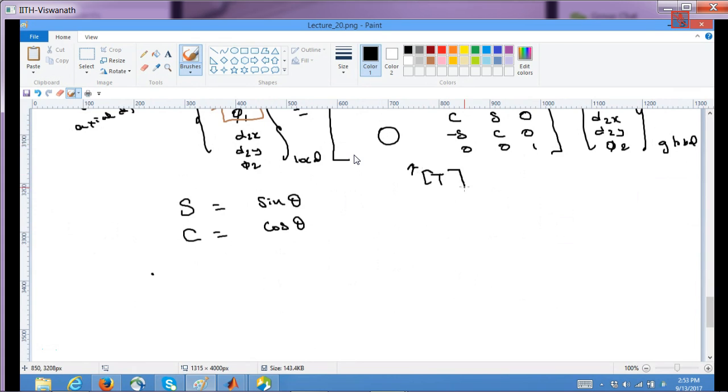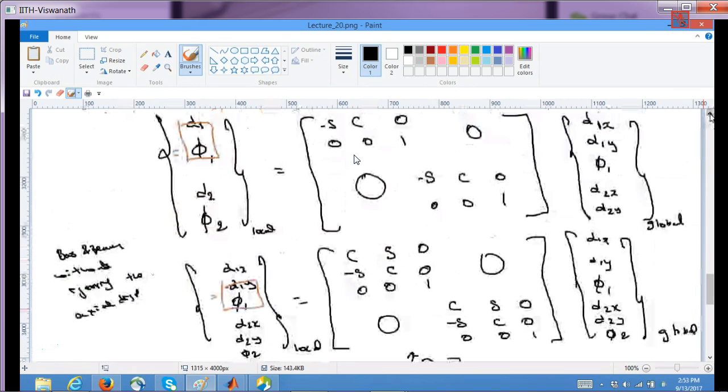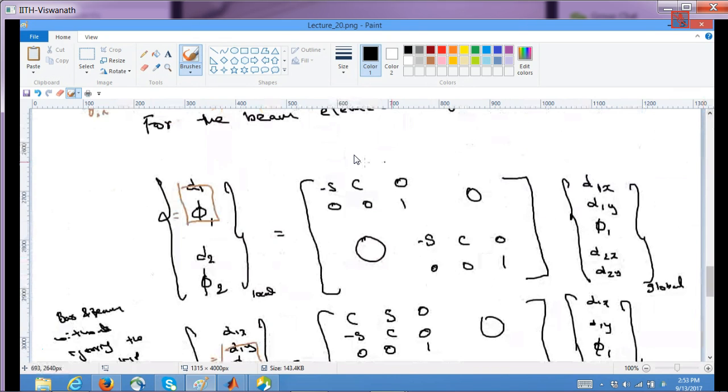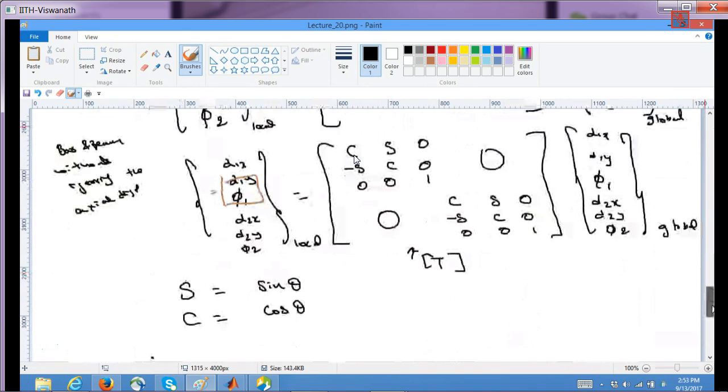If you don't ignore the axial displacement, this would be your transformation matrix T for the rotation, right? This is from global to local. These are the transformations.